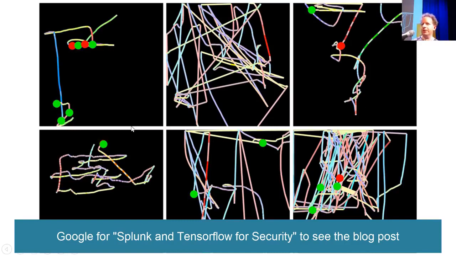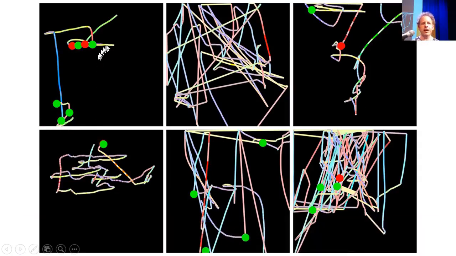He took the telemetry of users who had Splunk Analytics installed and watched their mouse movements, and he created pictures of the mouse movements. He converted speed into color and right and left clicks into splodges. He then took the exact code that we saw with an earlier version of the software and trained a CNN in exactly the way we saw, and used that to train his fraud model.